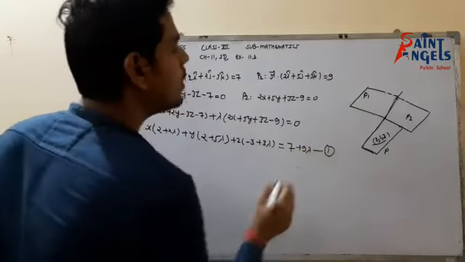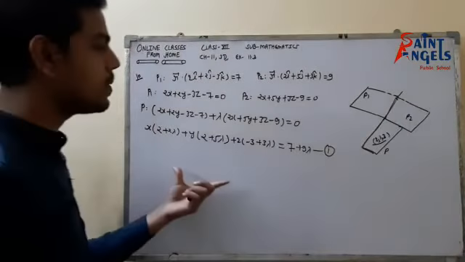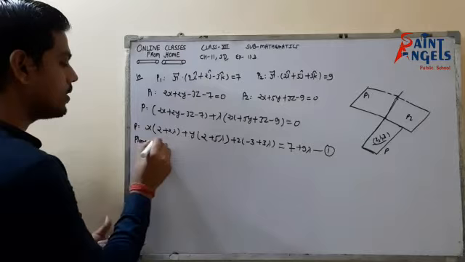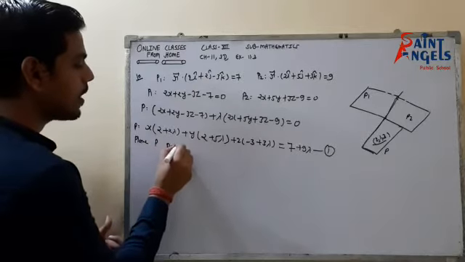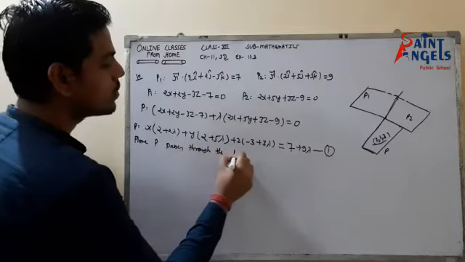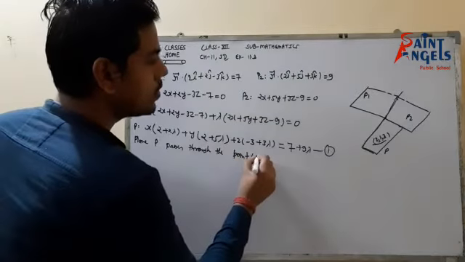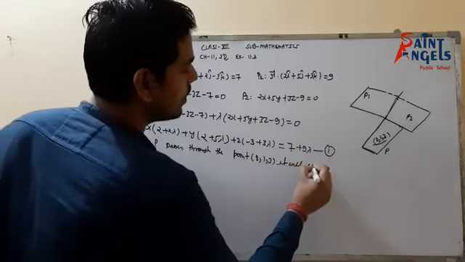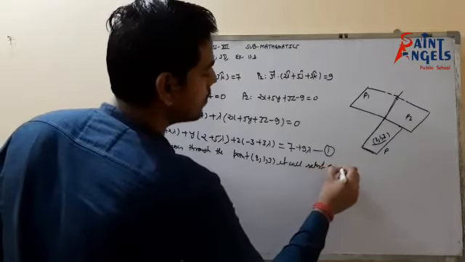Equation number first. Okay, so now since this plane P passes through the point (2, 1, 3), it will satisfy equation number first.